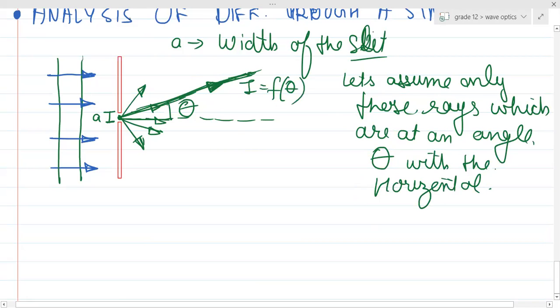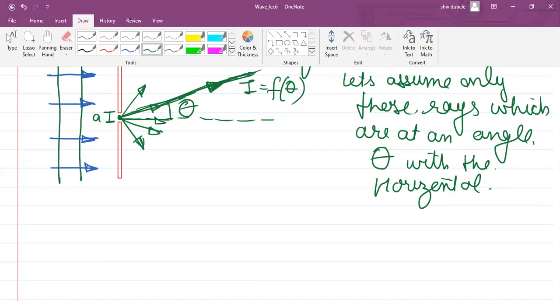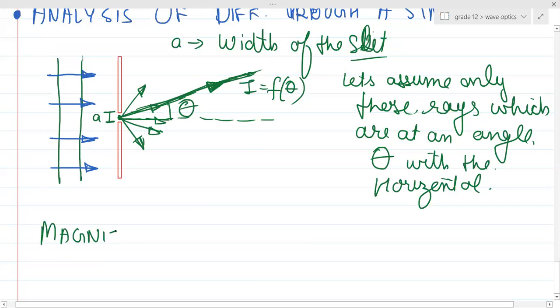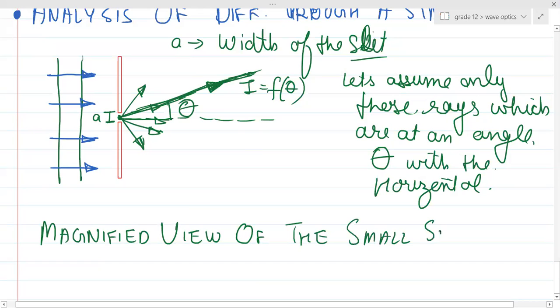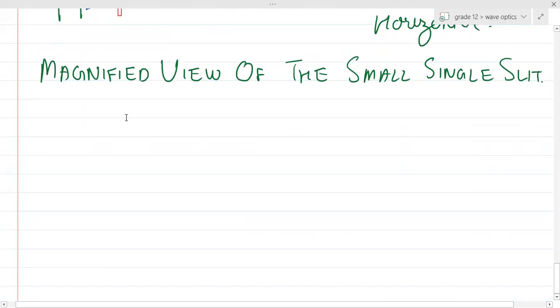If I zoom in to this slit and give you the magnified view, will it look something like this? This distance is equal to a.